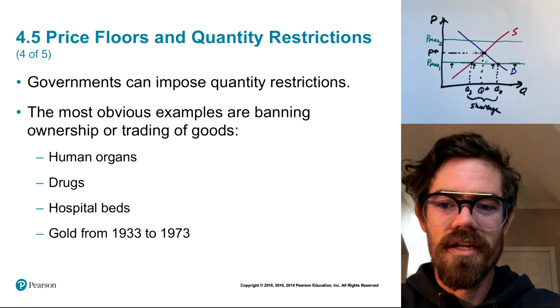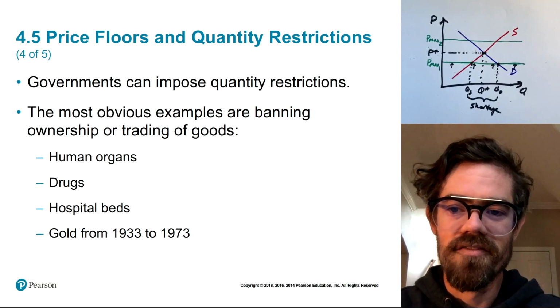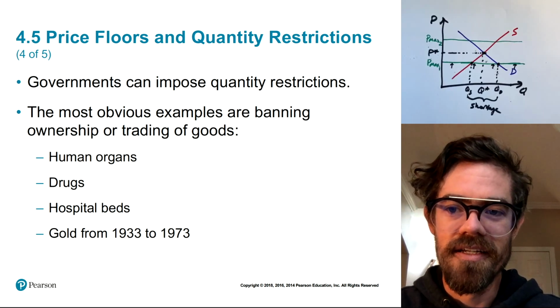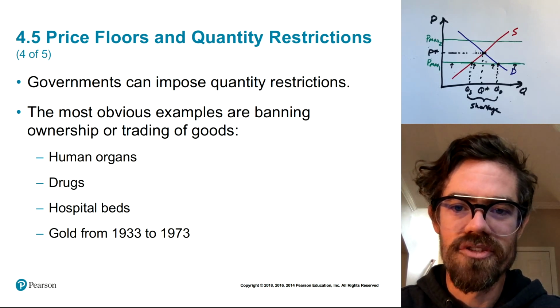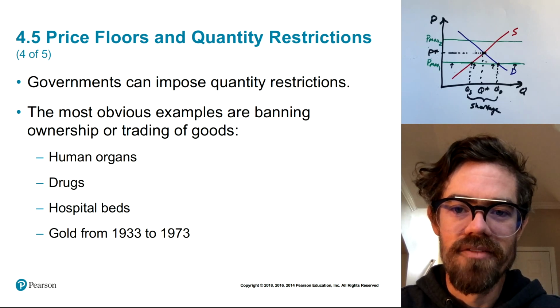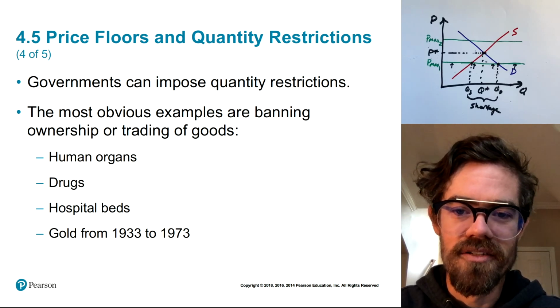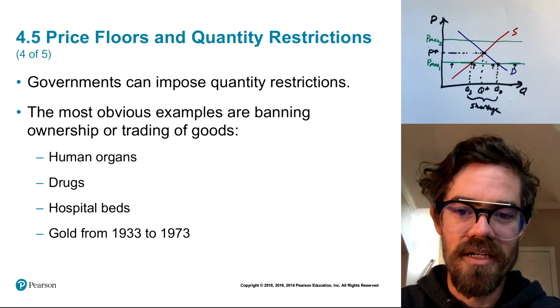All right, so another way that the government can get involved, and it leads to similar outcomes as price floors, is through quantity restrictions. There are some obvious examples, particularly entirely banning ownership, a quantity restriction equal to zero. So human organs cannot be traded, nor illegal drugs or hospital beds.